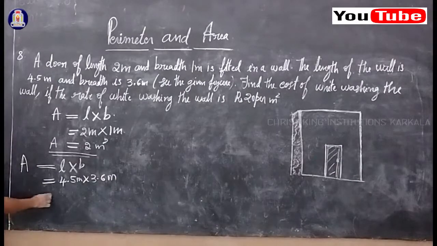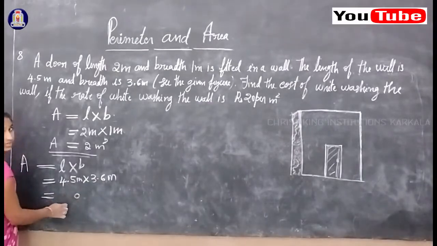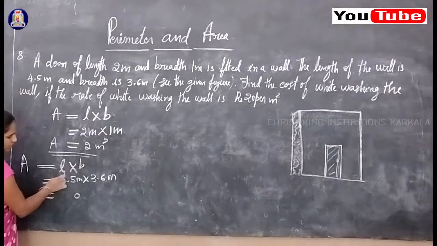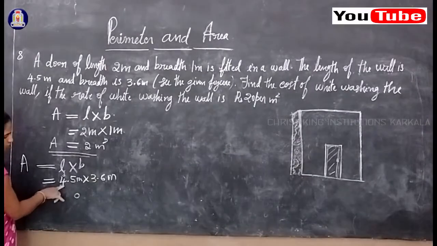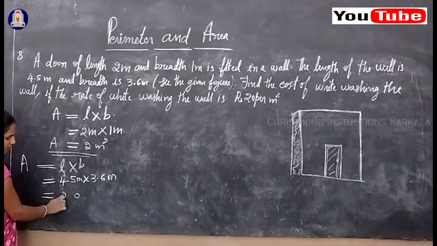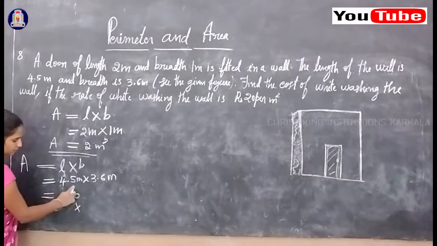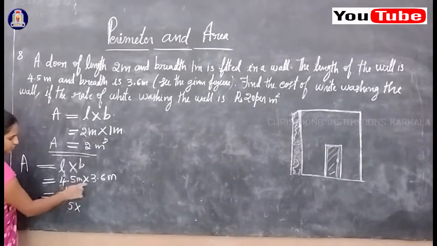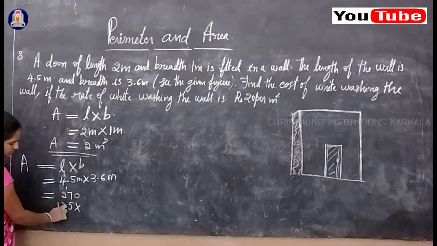If I multiply these two: 6 5s are 30, 3 remaining; 6 4s are 24, 24 plus 3, 27. Then 3 5s are 15, 1 remaining; 3 4s are 12, 12 plus 1, 13.